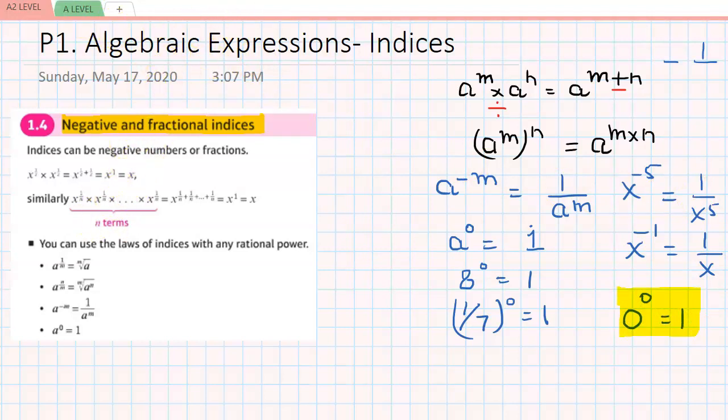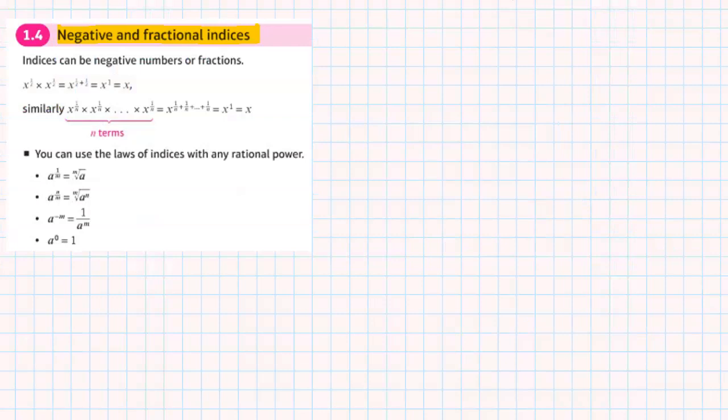Now our most important rule is a to the power 1 over m. This is in the form of a fraction. So that will be the mth root of a.